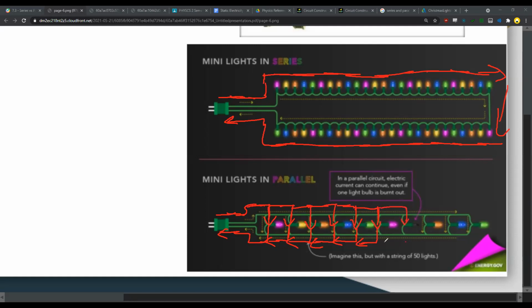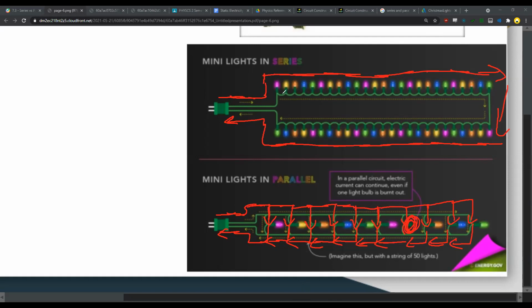Now, the advantage here is that if one of these light bulbs breaks in a parallel circuit, for example, if this light bulb stopped working, then the rest would still work. Electric current would still flow through the rest of the circuit.